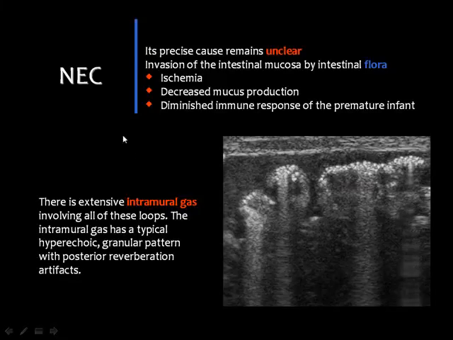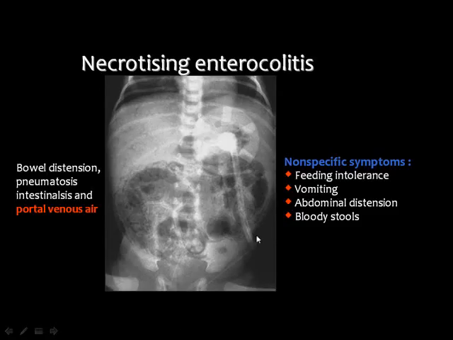The etiology of this particular disease is unclear and is suspected to be due to invasion of the intestinal mucosa by the intestinal flora, secondary to ischemia or decreased mucin production or the diminished immune response in the premature infant. And this is also another appearance of the necrotizing enterocolitis.